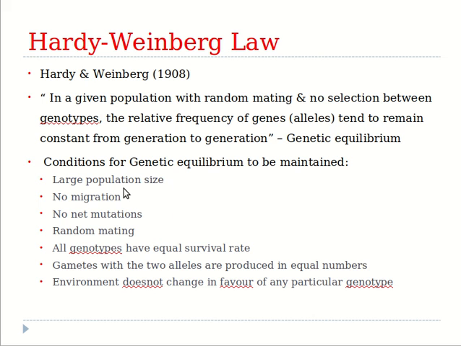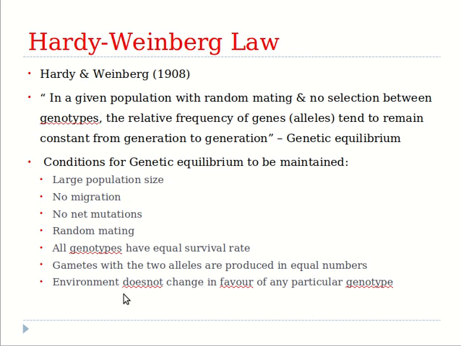Okay, then mating should be random. Random mating is a must, and all genotypes, dominant homozygous, homozygous recessive, heterozygous, should have equal survival rate. Okay, and the environment does not change in order to favor any particular genotype.